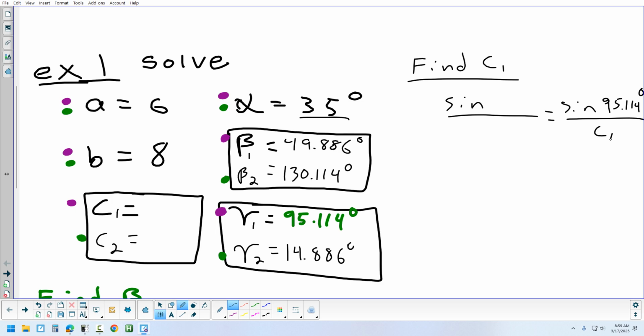Yep, Matt? Yeah, I would use A and alpha because not only is it nice numbers, but it was given. So sine 35 over 6. And remember when you cross multiply, it's 6 sine 95.114, and then you divide by sine 35.